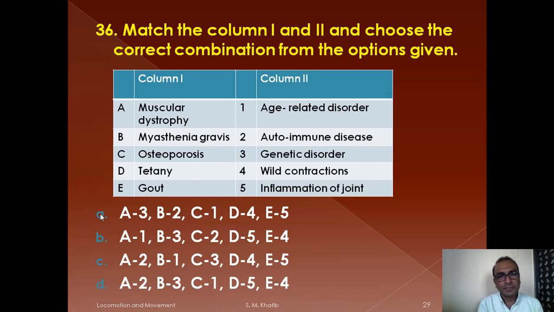And then gout, that is inflammation of the joints. In place of tetany, it can also be given as tetanus. Remember, tetanus will be the more appropriate word to be used here, but anyway it is related, we can consider.